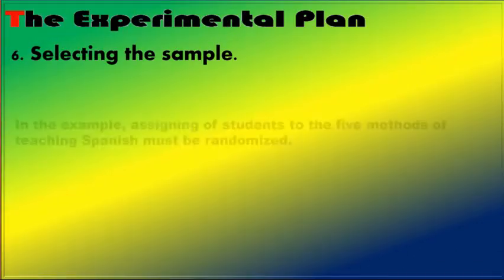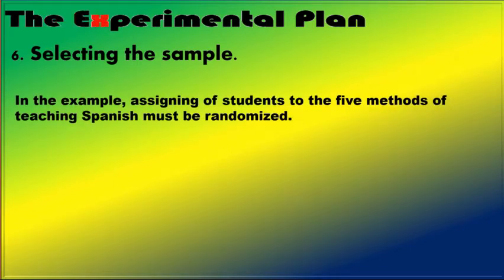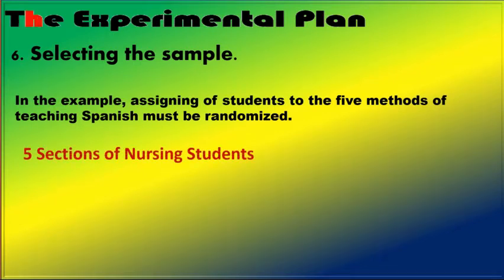Example, the experimental designs require that the assigning of students to the 5 methods of teaching Spanish must be randomized. The experimenter used all the 5 sections of nursing students in a university taking Spanish 2. He assumed that the distribution of the students to the 5 sections was random enough because it was done on a first-come, first-served basis and not on any selective basis.